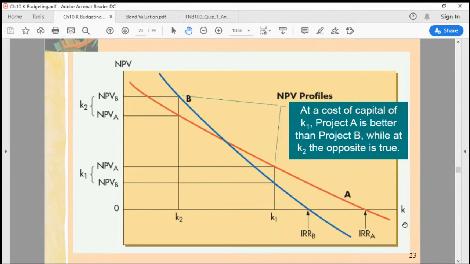The selection criteria of internal rate of return and selection criteria by net present value, they both concur, so there is no problem, right? But if the cost of capital is K2, then both criteria are in conflict, so then you go by net present value. That's what it is. Okay?